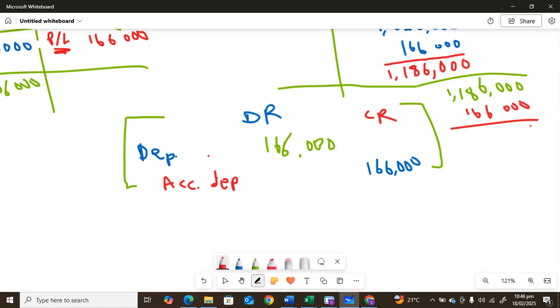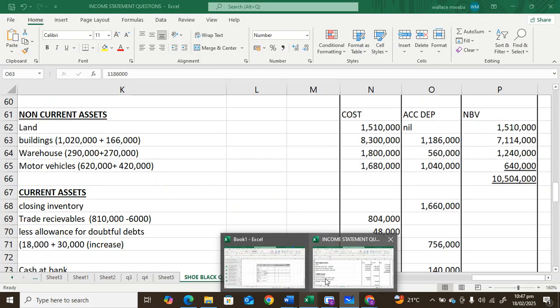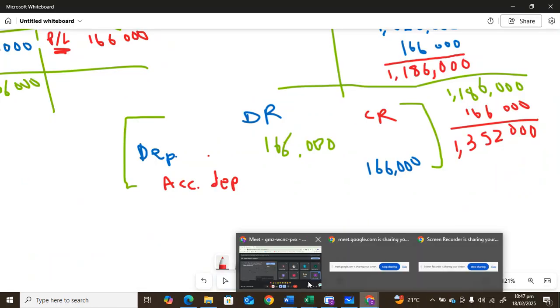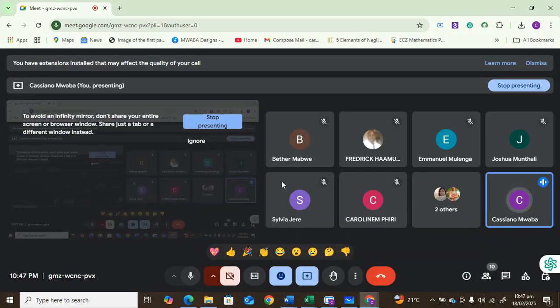So this is how depreciation works. If I'm not mistaken, this amount is 1,352,000. The process will continue until the cost eventually reaches zero or a very small amount, at which point you can even give away the item.